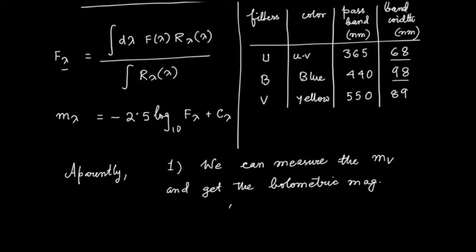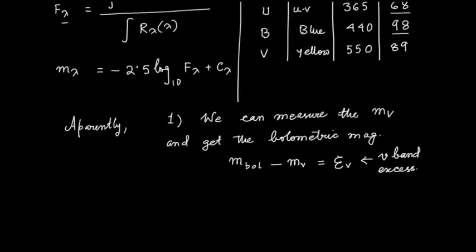So there is even a name for this. If I have M bolometric and if I have MV, the difference of this is called the V band excess, the bolometric excess.